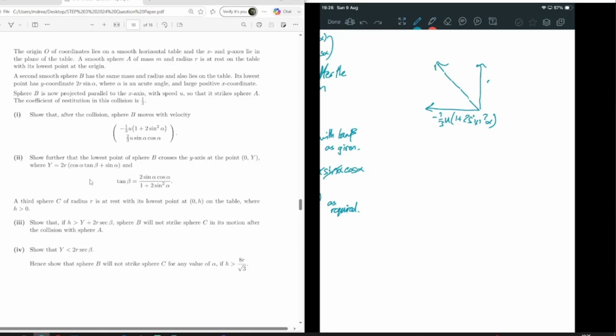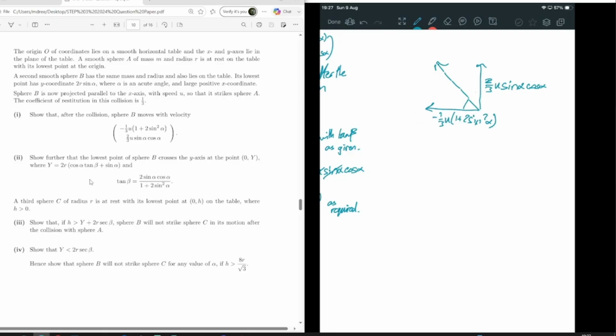I didn't need that bracket there. So if I were to call this angle here, no, I want this angle here. If I call that angle there beta, no, I was right the first time.